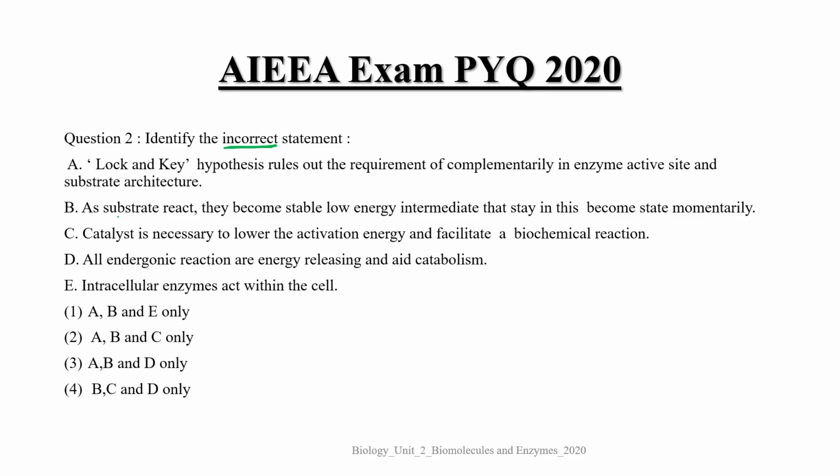In B: as substrates react, they become stable low energy intermediates that stay in this state momentarily. Choice C: catalyst is necessary to lower the activation energy and facilitate a biochemical reaction.